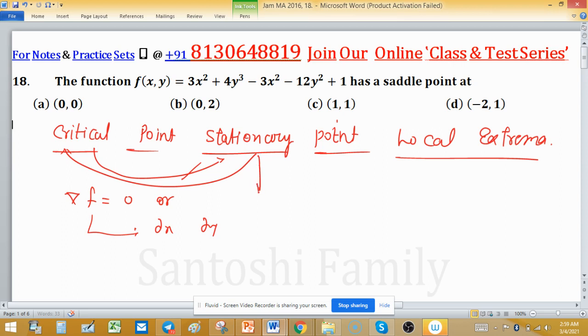But a stationary point is only where the gradient of f is 0, meaning both partial derivatives are 0. Local extrema is a point of local maxima or minima. These are a few terms.